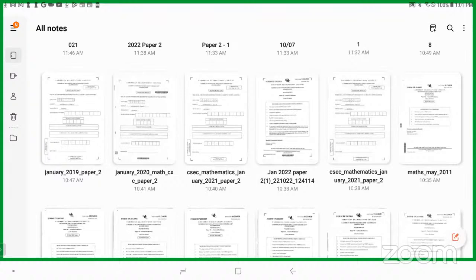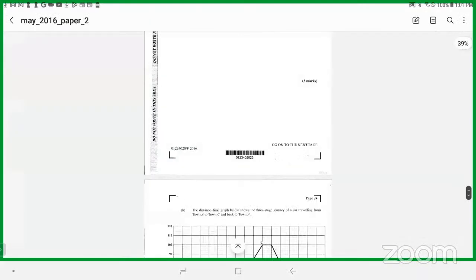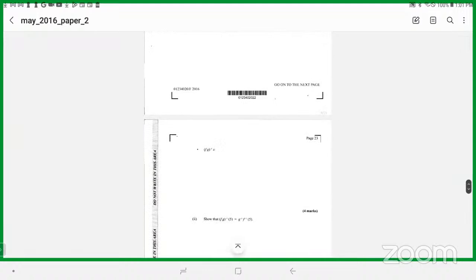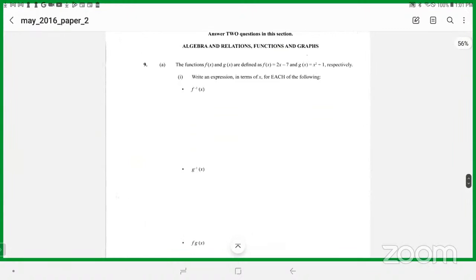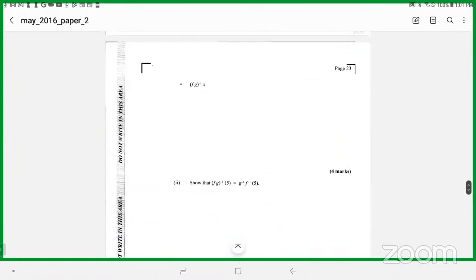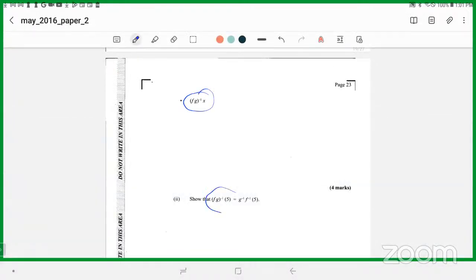Where is 2016? 2016, right here. Oh, 2016 number 9 is for next week, guys. I want to be doing a topic called inverse of a composite function. We're doing that tomorrow. So 2016 number 9 is for next week.